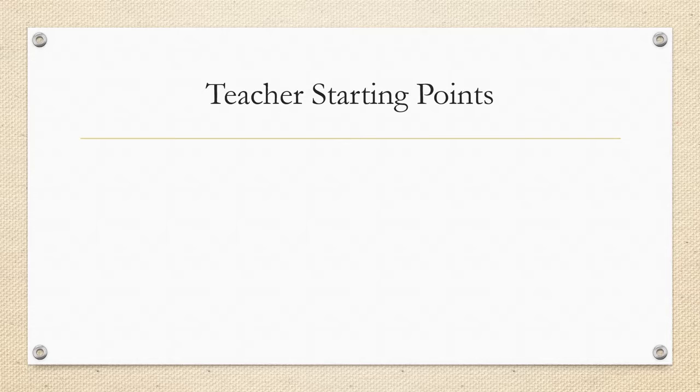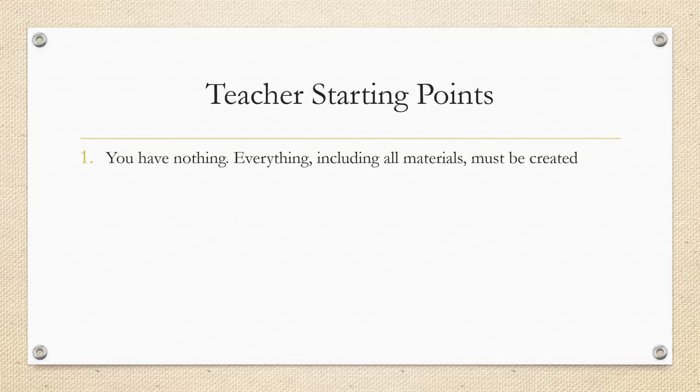Now, whatever approach you take, you're still going to have to take stock of where you're starting and where the teacher is starting. Schools and programs can be at very different points regarding the starting location. One possibility is that you have absolutely nothing.